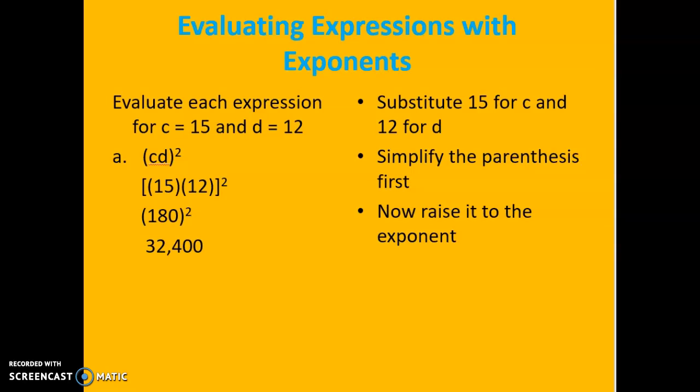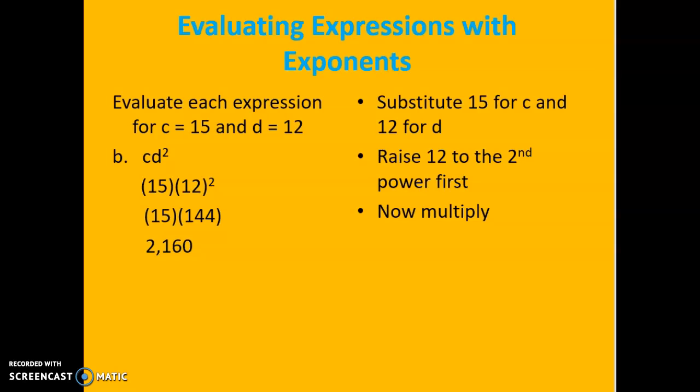So I have to plug in the 15 for the C and the 12 for the D. And then I take 15 times the 12, which is 180, and then I square it, which gives me the 32,400.